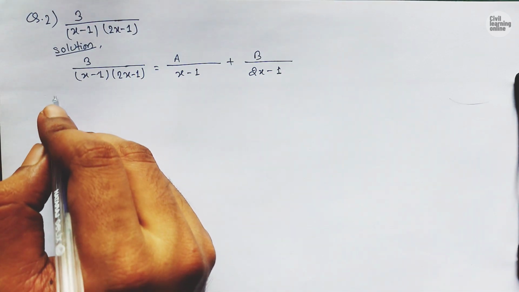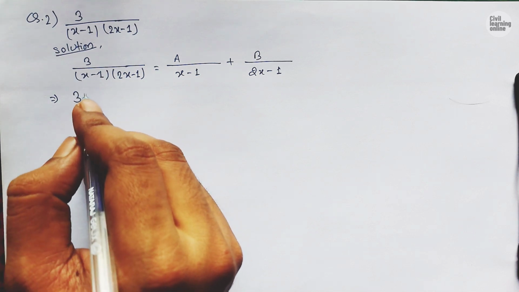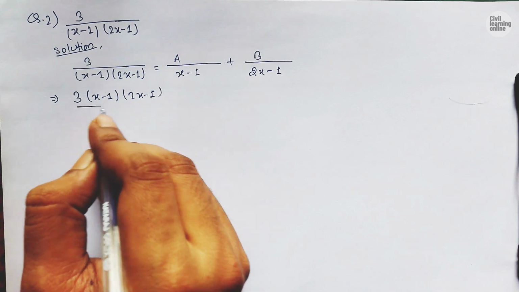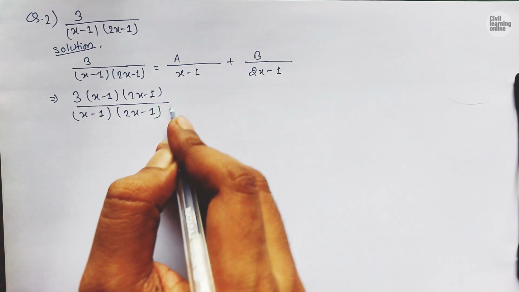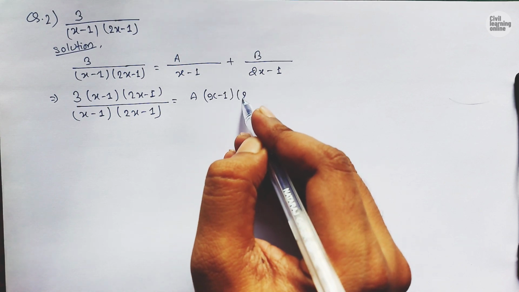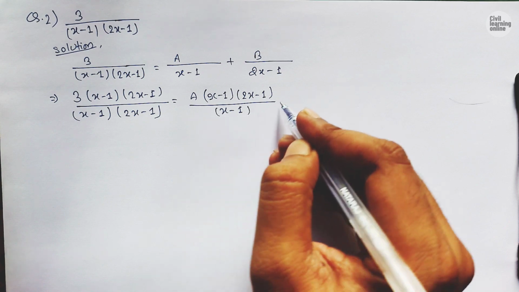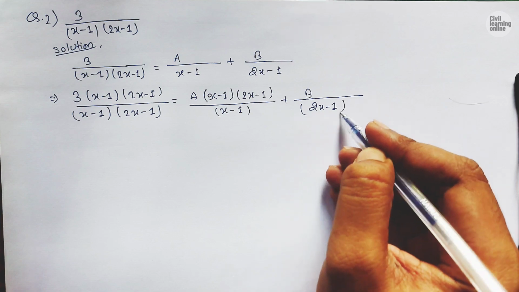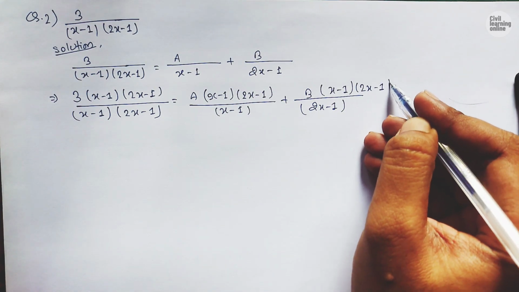Now again we will multiply on both sides with the denominator, so we will have here 3 times x minus 1 times 2x minus 1 upon x minus 1 times 2x minus 1 equals to a times x minus 1 times 2x minus 1 upon x minus 1 plus b upon 2x minus 1 times x minus 1 times 2x minus 1.